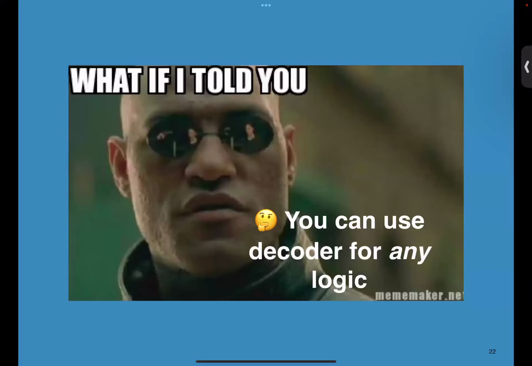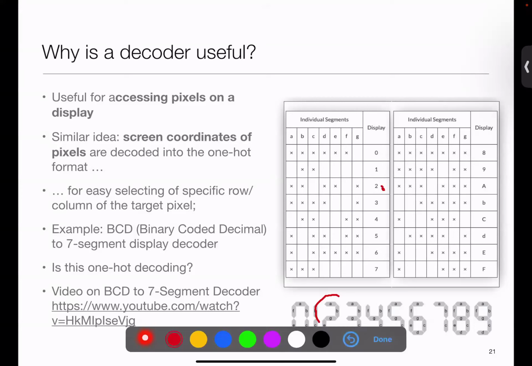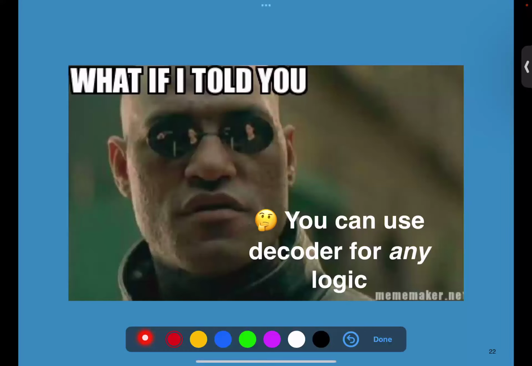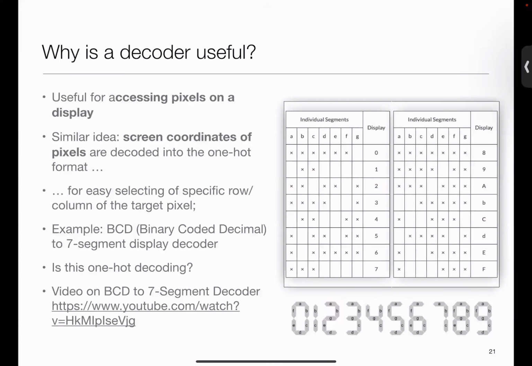So if you look at the table, for 2, you see A, B, D, E, and G are turned on, and that is what you see out here also.